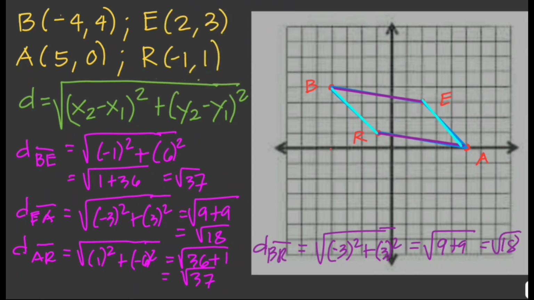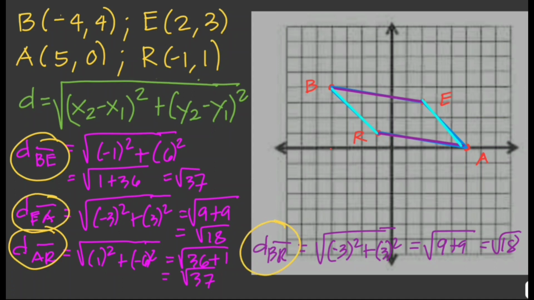Okay, we notice here that side BE is equal to side AR, and then side EA is equal to side BR. So we can write this as segment BE is congruent to segment AR, and then side EA is congruent to side BR.